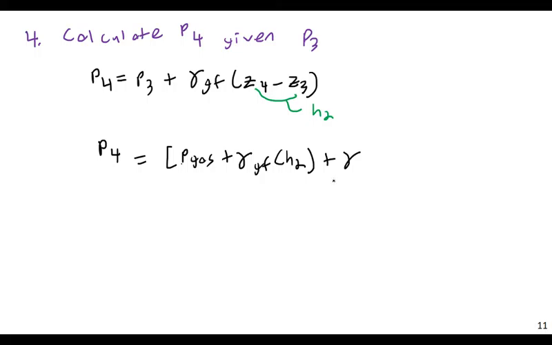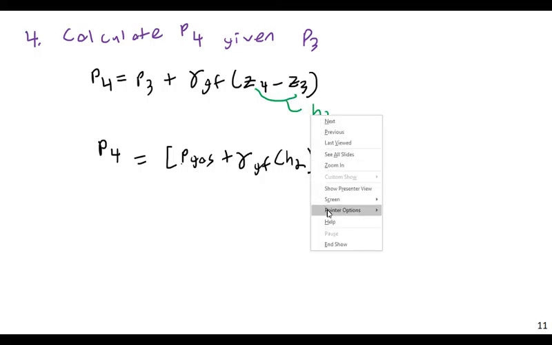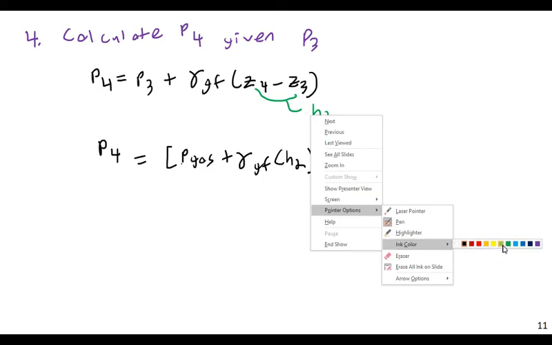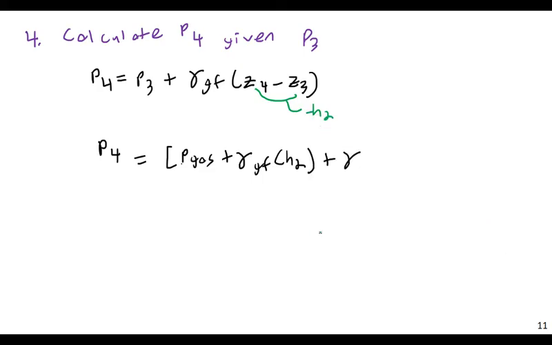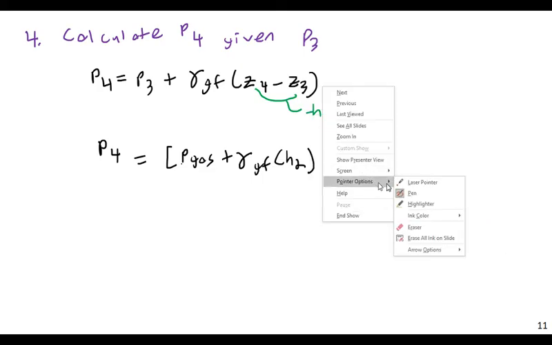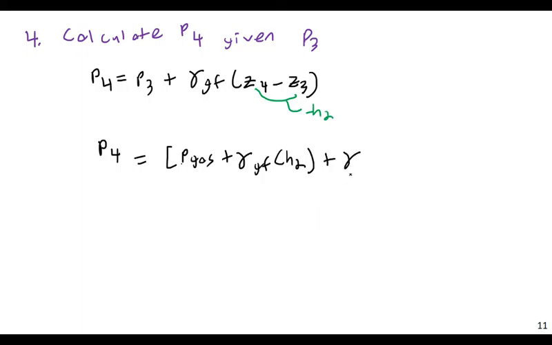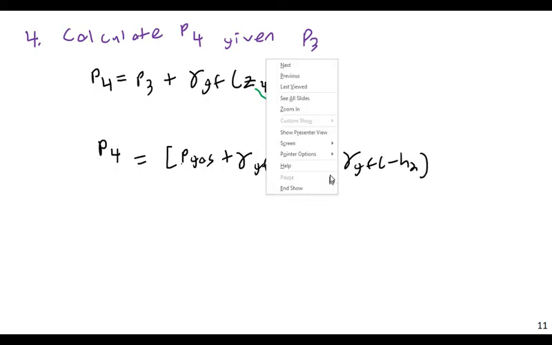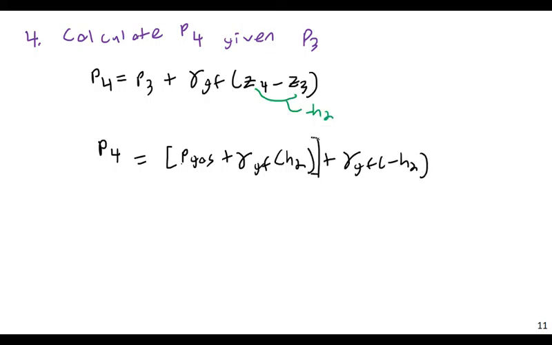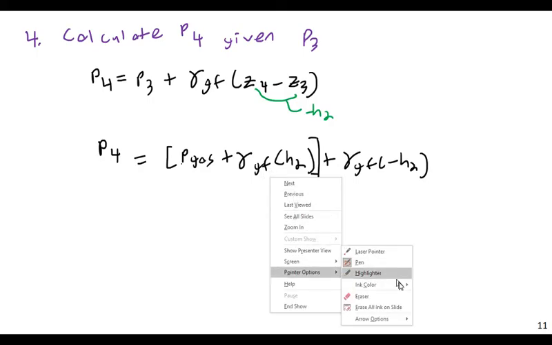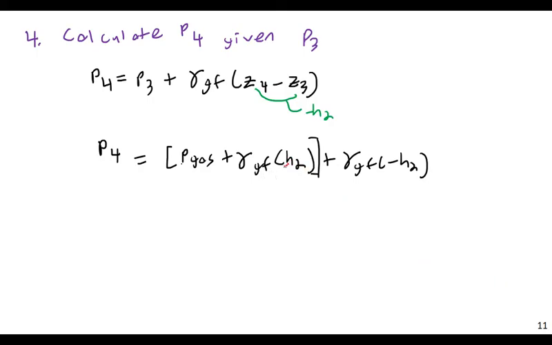Oh, actually, sorry, this isn't H2. This is actually negative H2. Sorry about that. There should be a negative sign there because we're increasing in height. So gamma GF times negative H2, and there would be a closed bracket there because I'm substituting in. And we can see then that these two terms are going to cancel out.